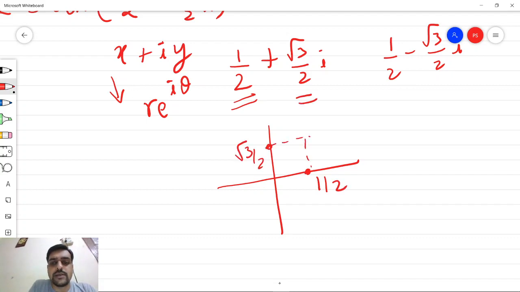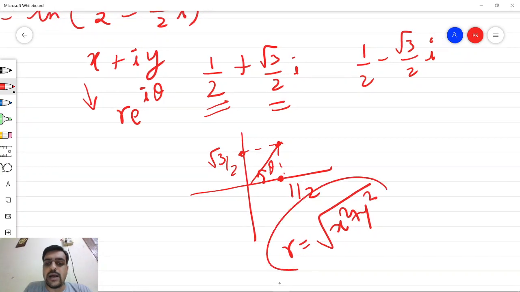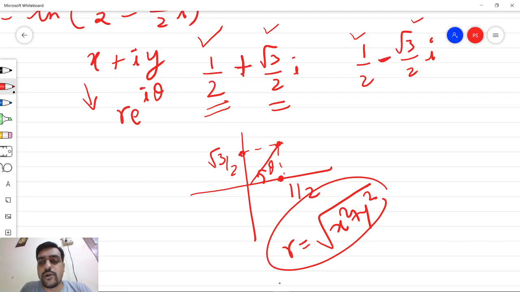So this gives us some point with some theta. Now r is just root of x squared plus y squared. So this r is going to be same in both these cases, because though there is a difference of plus and minus signs, their square is going to be positive.